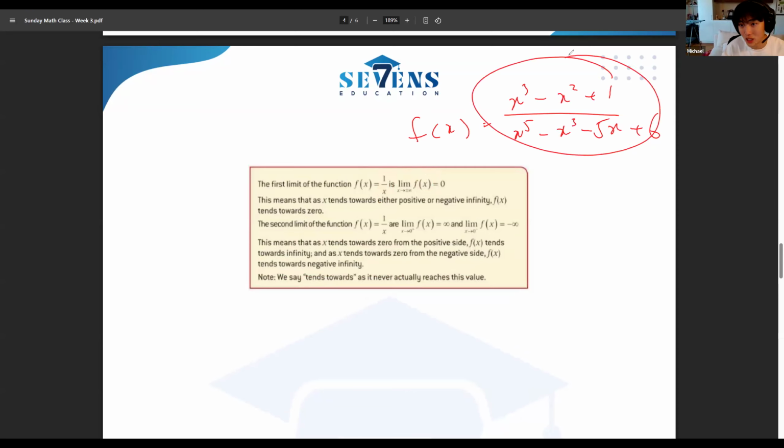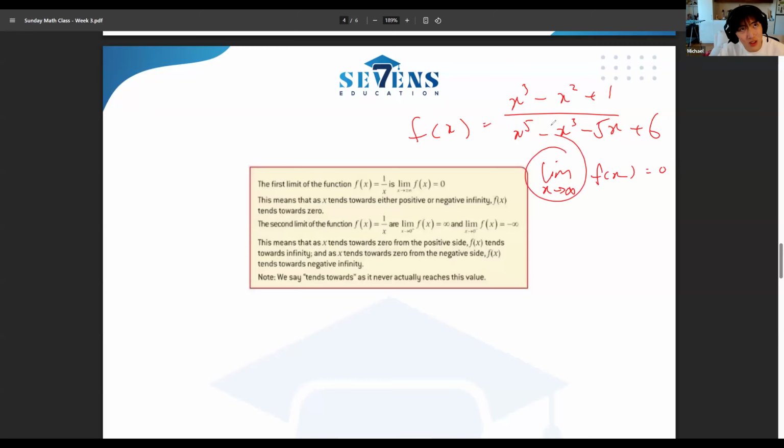You don't want to write this whole thing. You just want to say this thing goes to whatever when x gets big, right? In fact, this goes to 0 because this term takes over. You just want to say this thing goes to 0, but how do you represent that? You say f(x) goes to 0, okay?